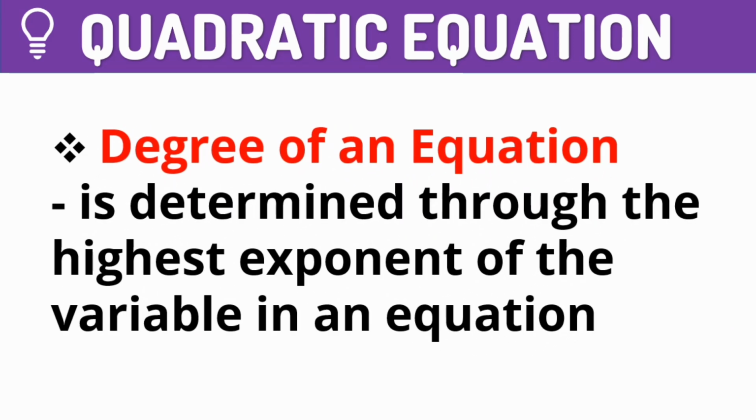The degree of an equation is determined through the highest exponent of the variable in an equation. So, kung ang highest exponent ng isang equation is 2, the degree of equation is 2. If the highest exponent is 3, the degree of equation is 3. So it is determined by the highest exponent of the variable.